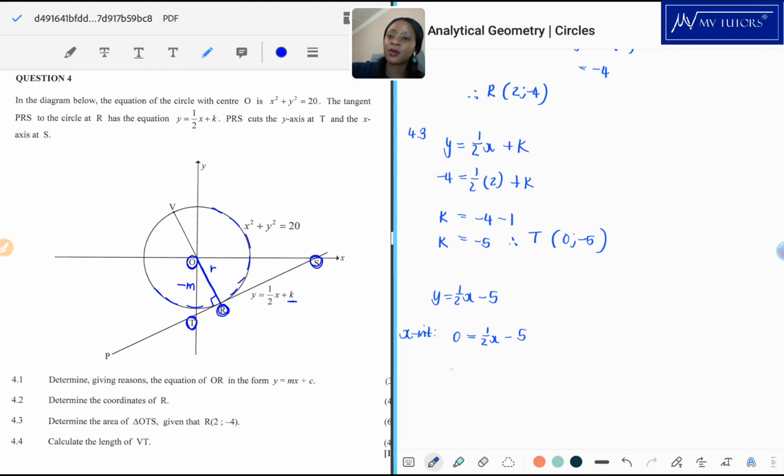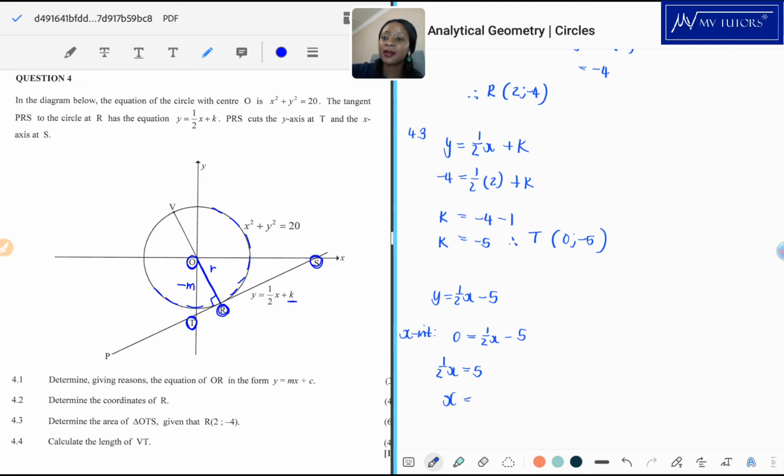Yes, so I would then say half x is equal to 5. x has to be positive because we can see that s there is on the positive side of the x line.